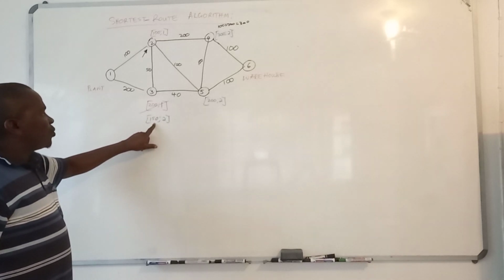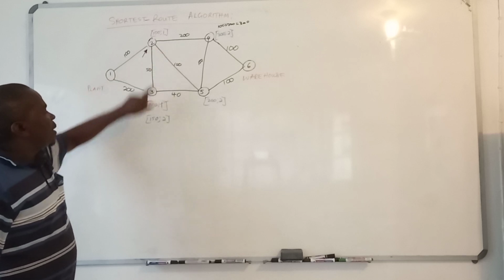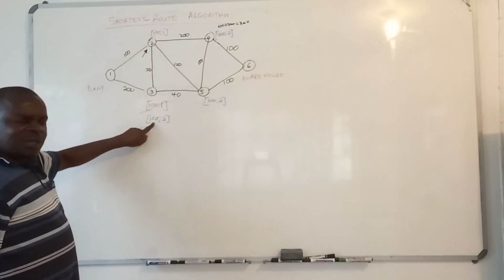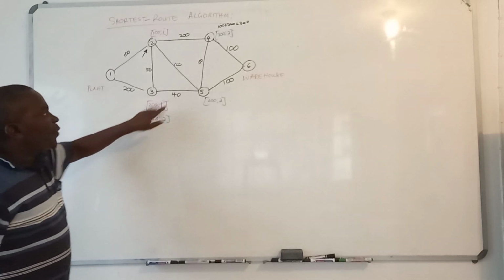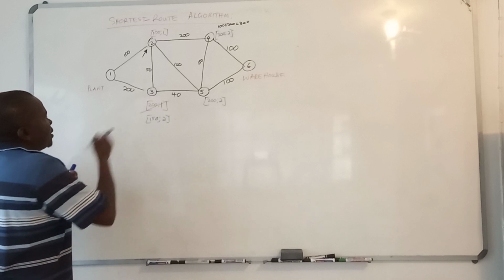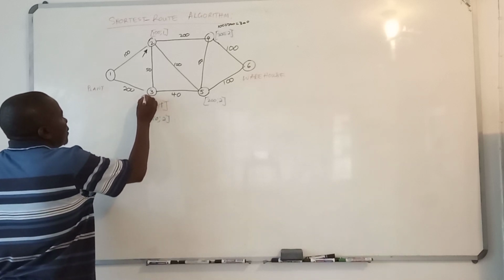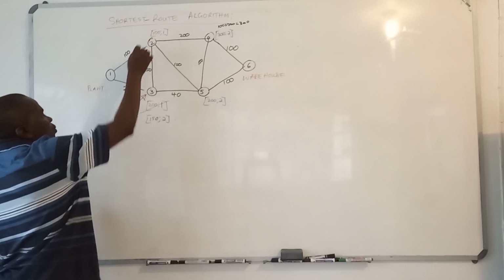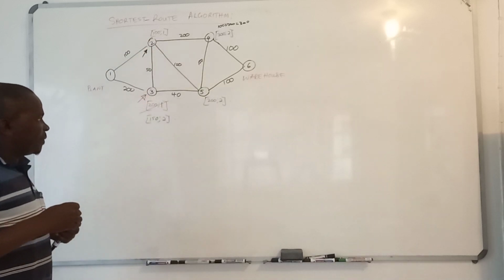So the final route that we are going to take from node 2 is this one here, because it has got the smallest value. We forget about those two. So we put an arrow at this point, which basically means we are going to move from node 1 to node 2, and then up to 3.